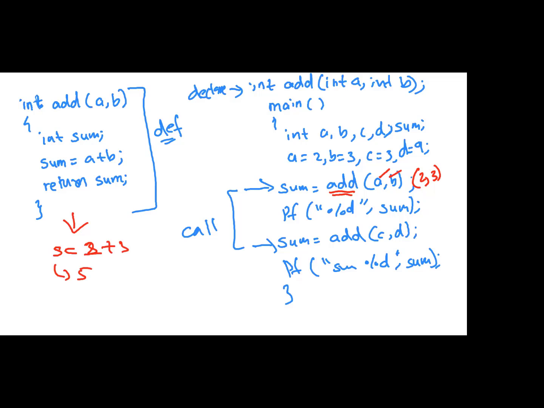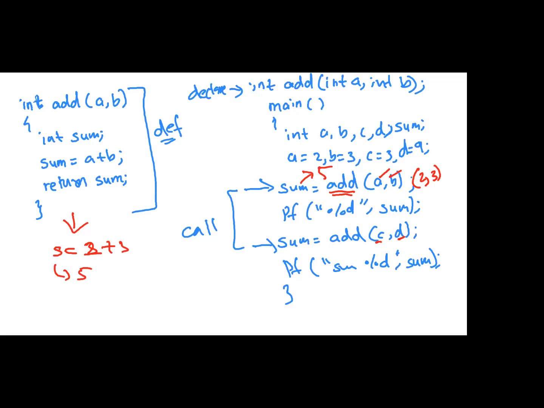So here this will store value 5. When we call the function add(a, b), add will return a value 5, and then this sum variable will store the value 5. Then we are calling this function again where we want to add two numbers again. So here we are calling it with the variables c and d. We are passing the parameters c and d.